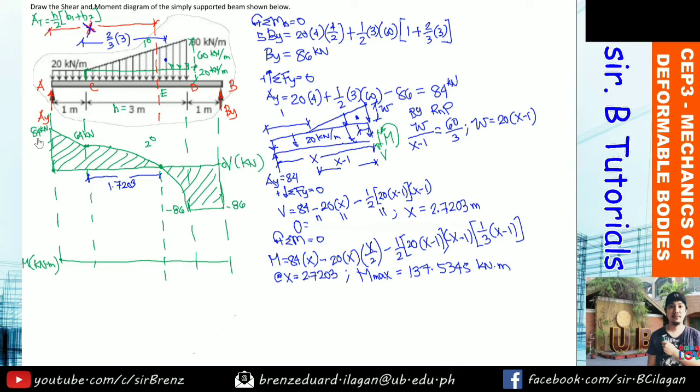So our maximum value is 84 and the minimum is 64. And since it's upward, it's on top, so it's a positive value, so we add the area of this trapezoid. So maximum vertical and then minimum horizontal.